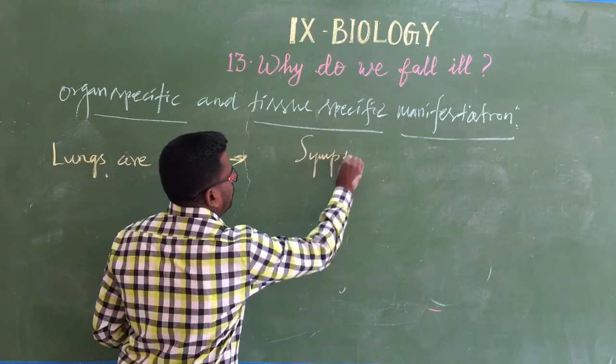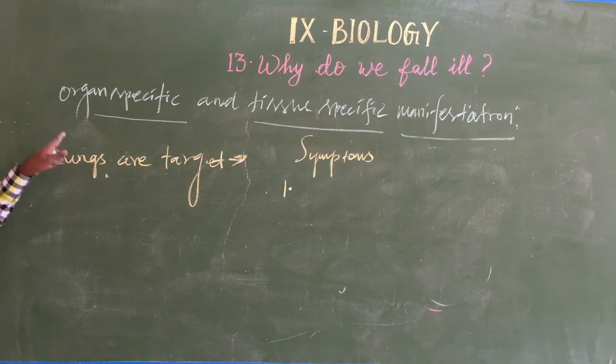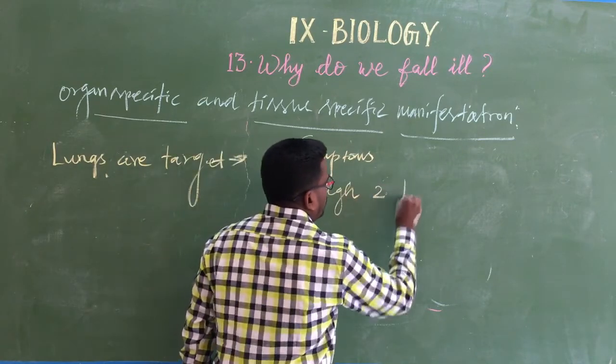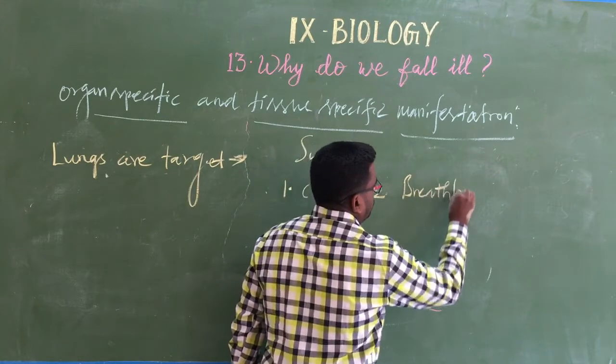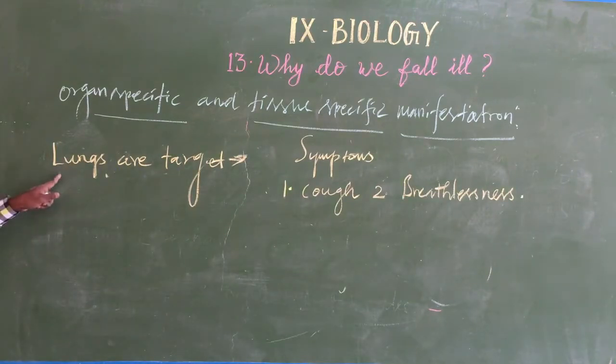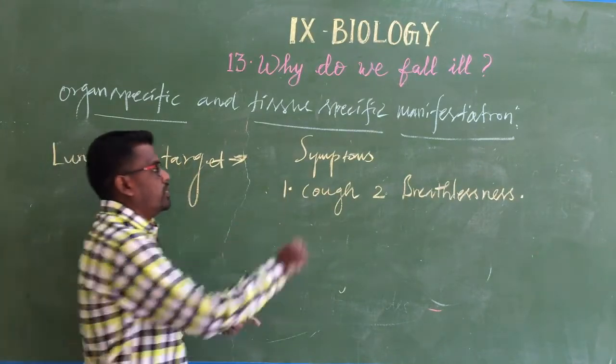Again, after the microorganism enters the human body, where it reaches, that area shows some symptoms. The first symptom is cough, and the second symptom is breathlessness. So if the microorganism target is the lungs, it causes these kinds of symptoms.